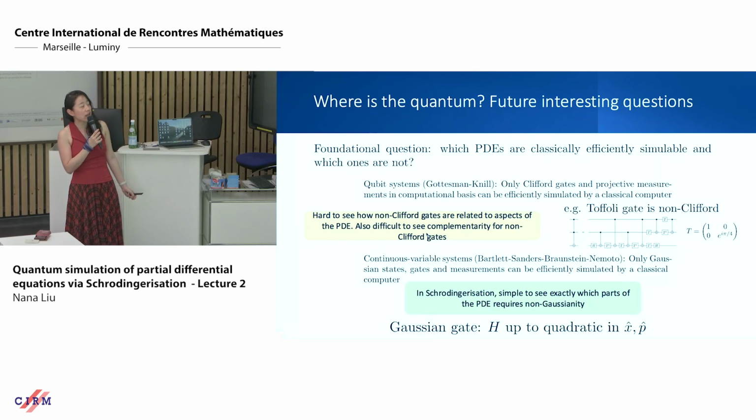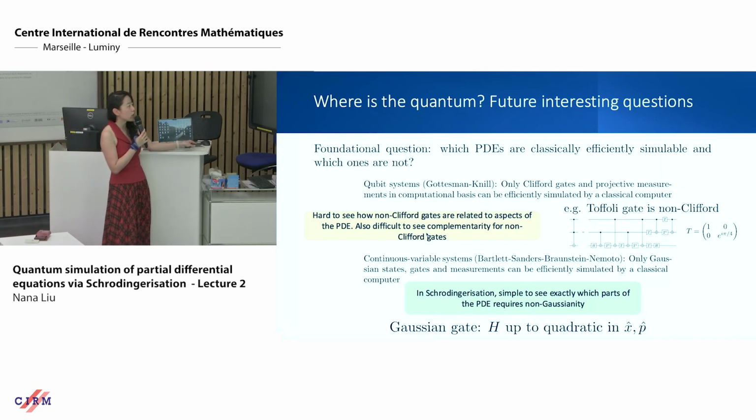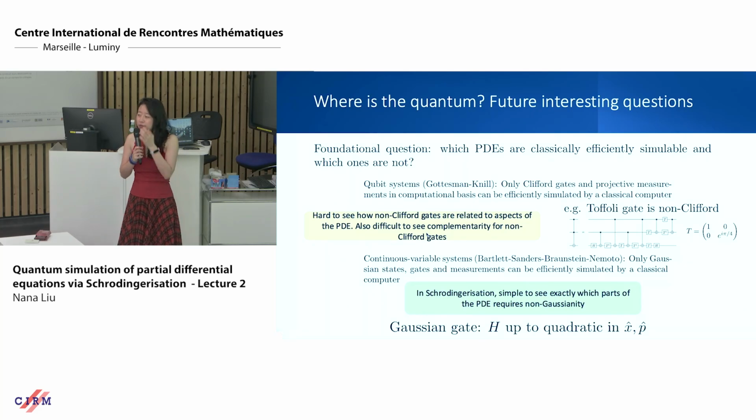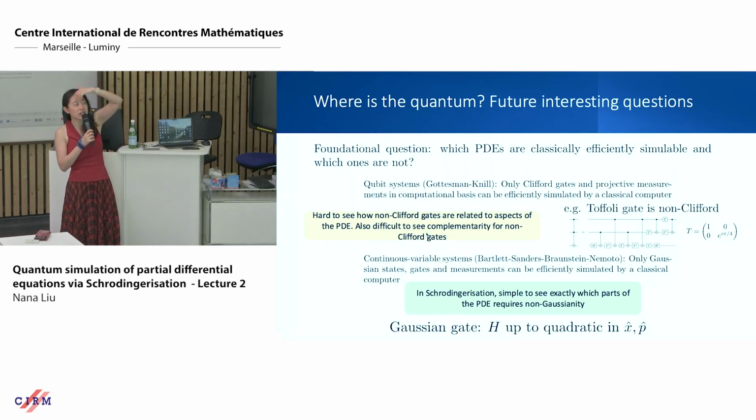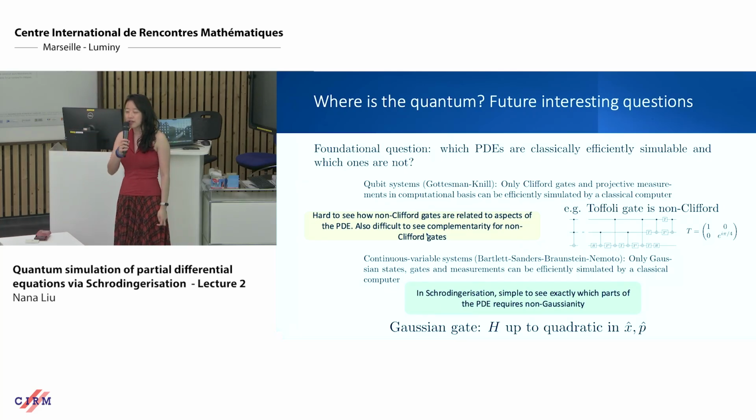Another interesting question is, what does this actually say about the simulability of PDEs more generally? For example, which PDEs do we know are classically efficiently simulable, and which ones are not? I think this question just hasn't been asked properly before, because we all kind of assume that if we have universal devices, we can simulate them, and we hear things about condition numbers or sparsity.